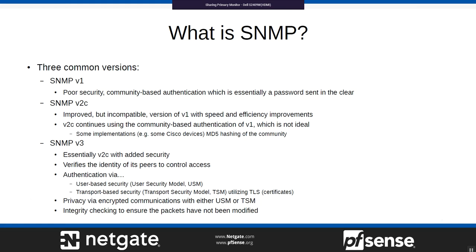It can do that in USM mode, where there's some basic privacy security encryption, or in TSM it uses TLS encryption, like many other things do. It also has integrity checking to ensure packets have not been modified along the way. So much more secure, not just in controlling access, but also in protecting the data as it goes through. So you get authentication, you get integrity checking, you get a lot more security.